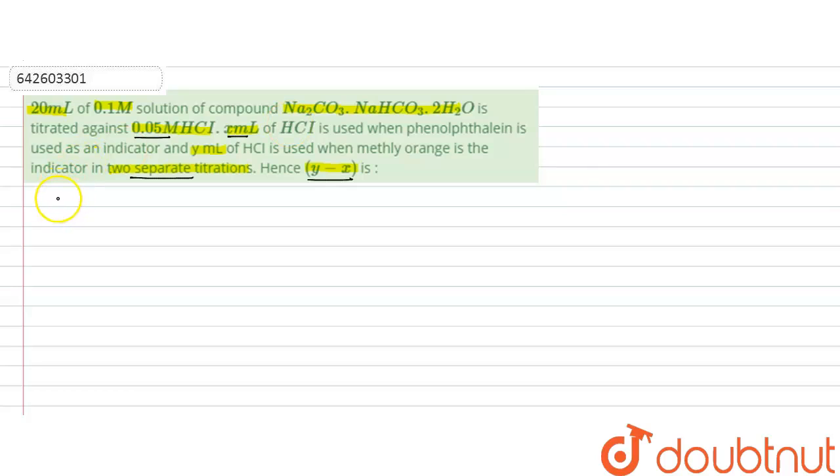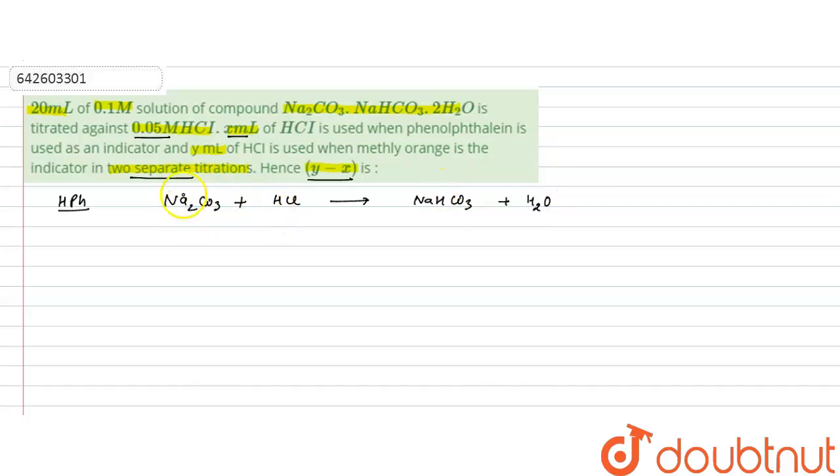Hence we have to calculate the volumes of HCl used when two different indicators are used. So when phenolphthalein indicator is used, that is HPh, only Na2CO3 will get half neutralized. NaHCO3 will not get neutralized because phenolphthalein shows the color change when NaHCO3 is formed. It will not get further neutralized, so it is only half neutralized. So we can say the reaction Na2CO3 plus HCl will form NaHCO3 plus water.